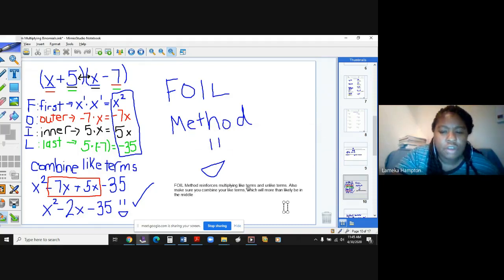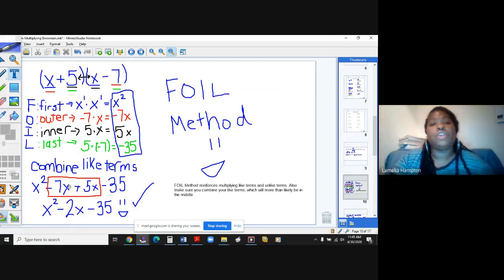All right. So the FOIL method reinforces multiplying like terms and unlike terms. Also make sure you combine your like terms, which will more than likely be in the middle. So after you write all of this out, you're going to see that your like terms are, more than likely, going to be in the middle. It's very rare that the like terms are all over the place unless the binomials are set up in a certain way to where they will be all over the place.